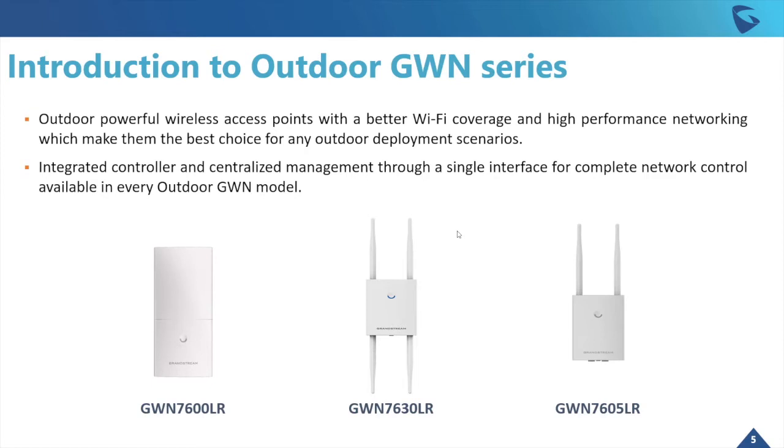All outdoor GWN models use a controllerless distributed management design and have an embedded controller that can be accessed from the web interface of the access point. This allows each access point to manage a network of between 30 and 50 GWN access points without a single point of failure. And what I mean by this, if the controller or the master goes down for a reason, the slave access points will still provide Wi-Fi connection to clients.